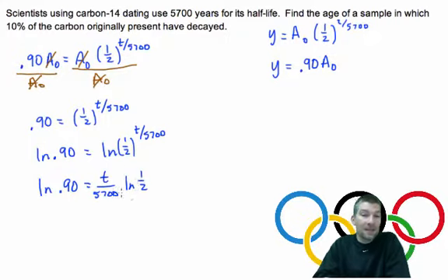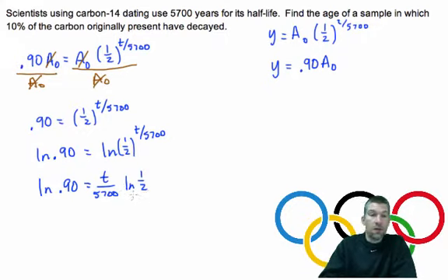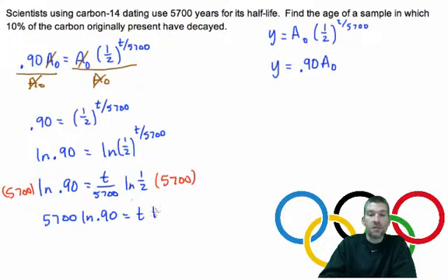Again, we're trying to get the t all by itself here. So we would multiply both sides by that 5,700. Then we would have 5,700 times the natural log of 0.90 equals t times the natural log of 1/2.